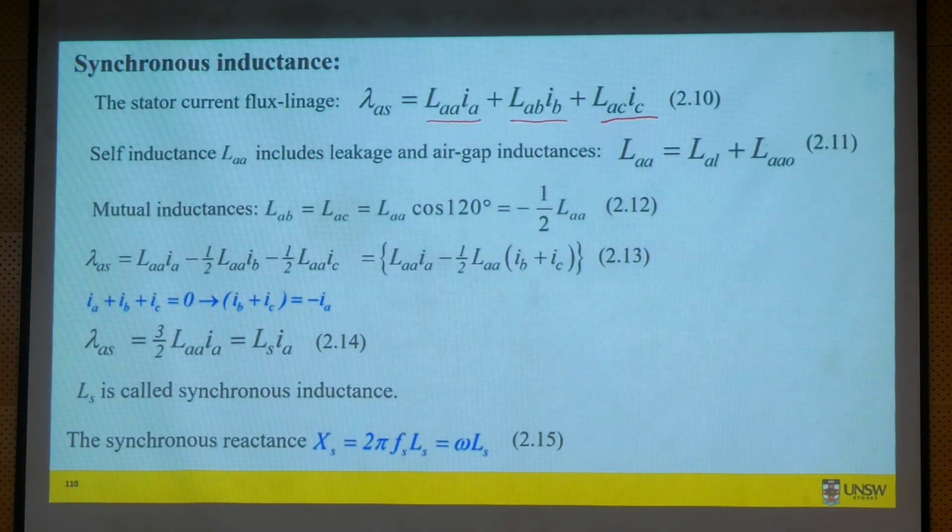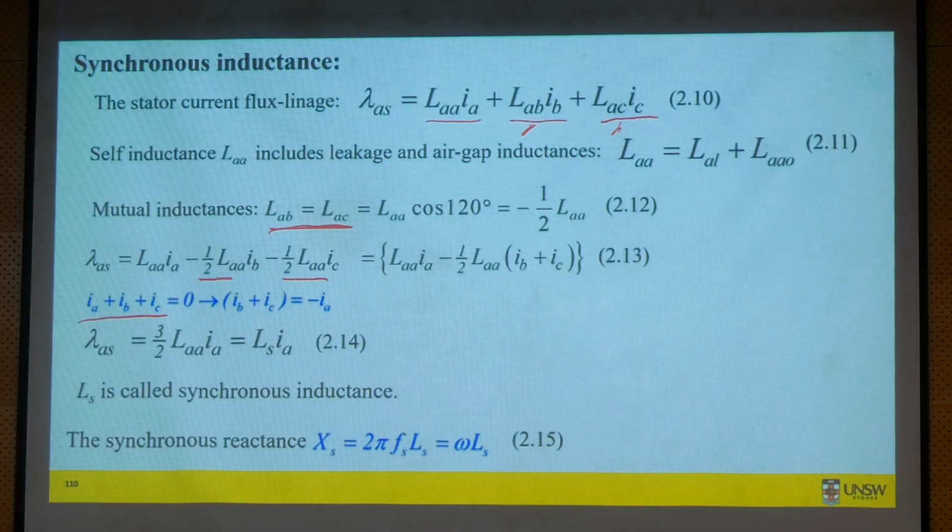Okay? And for a three-phase machine, the mutual inductance is equal to minus half of the self-inductance. So if we replace the mutual inductances LAB and LAC with minus half of the self-inductance, and for a three-phase balanced circuit, the summation of IA, IB, IC is 0, so from there we can see IB plus IC is equal to minus IA.